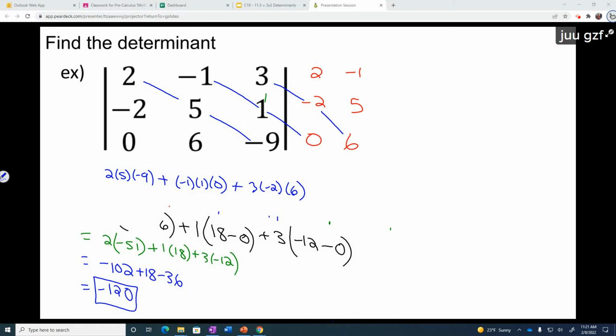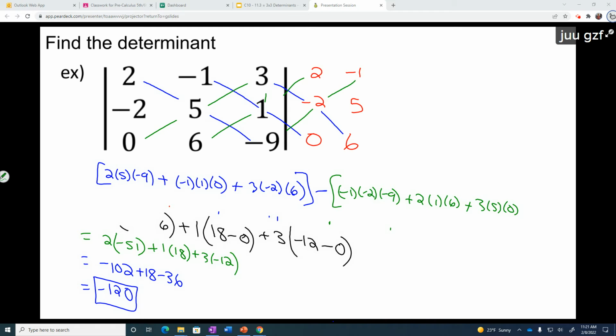Not done yet. This is just like the first sum. So we do all of this minus the second sum. The second sum goes backwards. We start over in this corner. Negative 1 times negative 2 times negative 9. Plus 2 times 1 times 6. Plus 3 times 5 times 0.